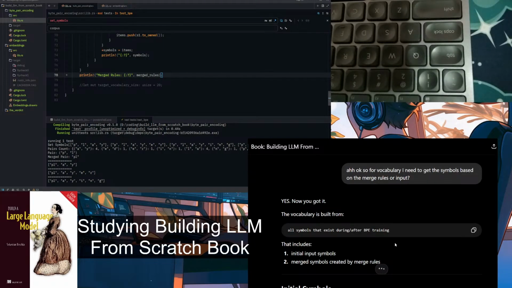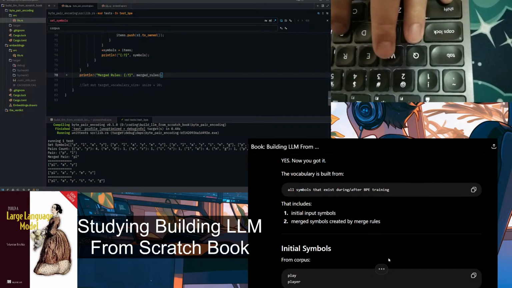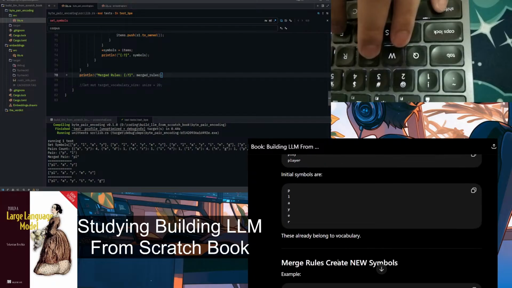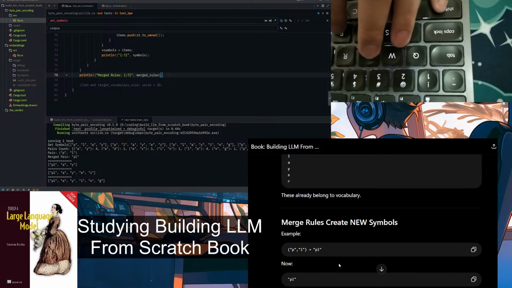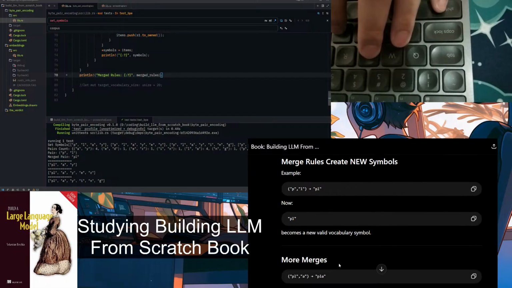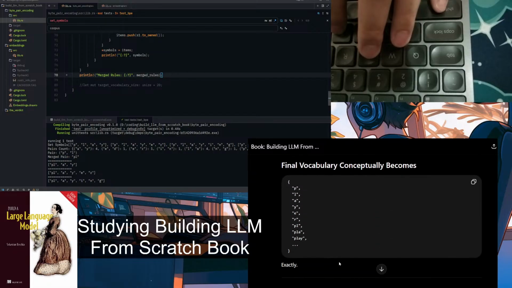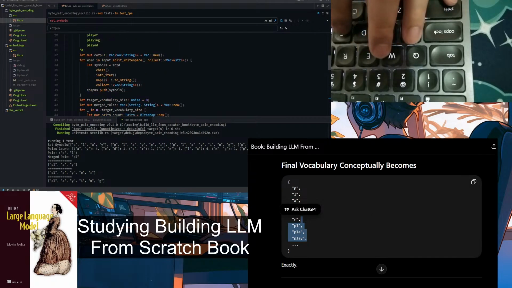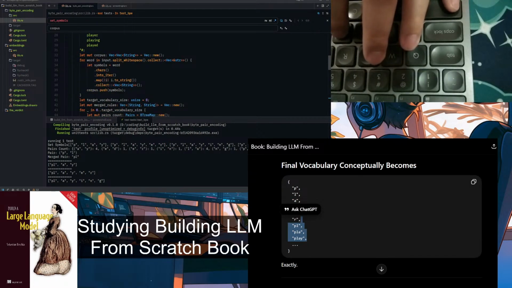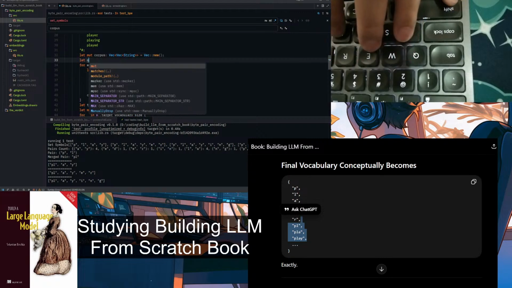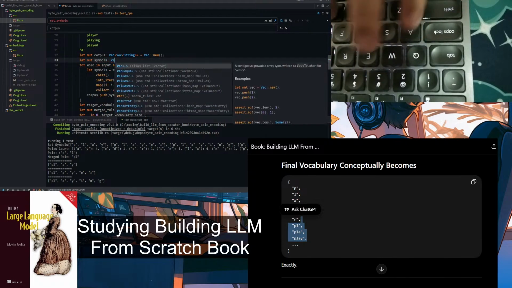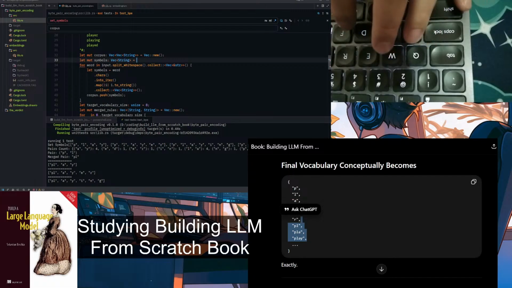The vocabulary is built from all symbols that exist during or after BPE training. That includes initial input symbols. Pero diba? Okay. I see. Into white space. Kailangan ko pala talaga magkaroon ng unique symbols. So, vector or string na natin to.